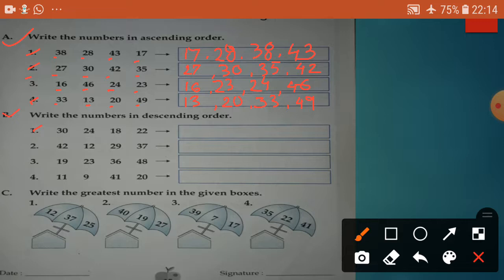Okay, 3 tens, 2 tens, 1 ten, 2 tens. You know children, 1 ten is here, 2 tens is here, last number 30. 3 tens means 30. So 30 is the biggest number. So write first 30.